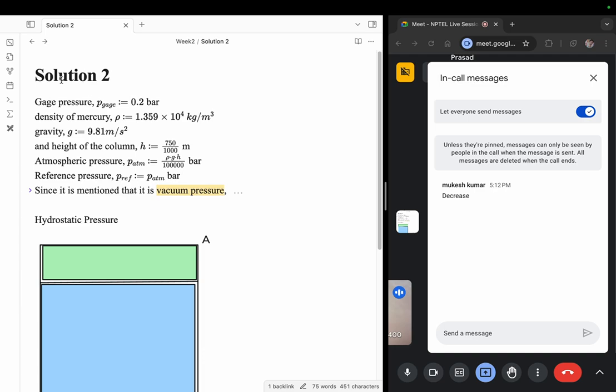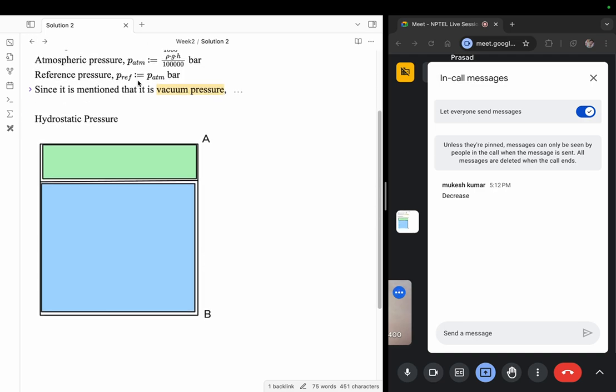And the next important part here is whenever you say gauge pressure, it is with respect to two different points. So pressure at point B can be higher than at point A, or it can be lower than that at point A. So in this particular scenario, if A and B are interchanged, if I say something like PB, I can define it as PB gauge, which means pressure at point B with respect to A is say 10 Pascal.